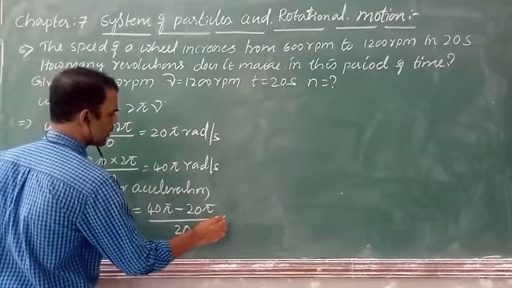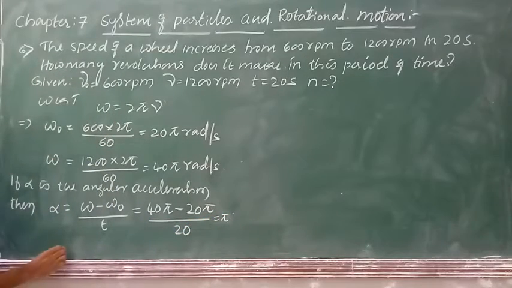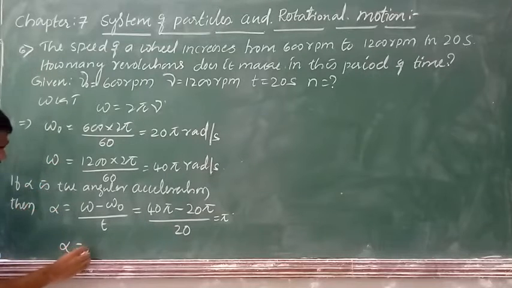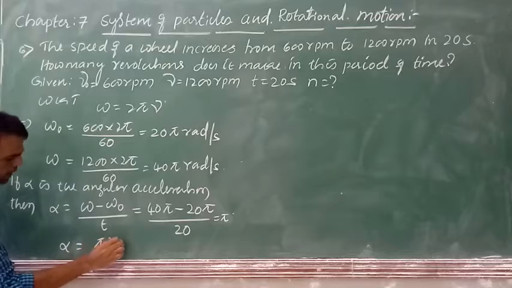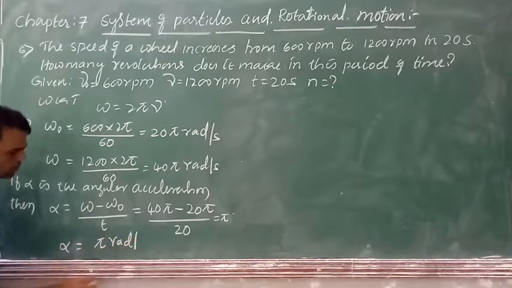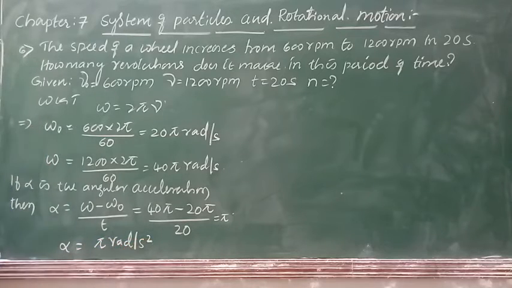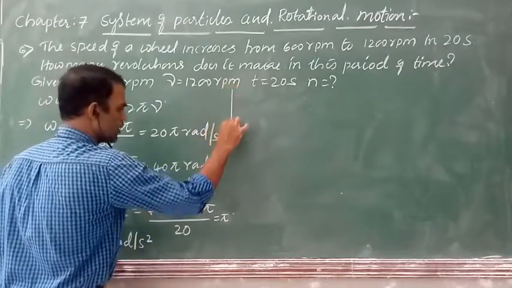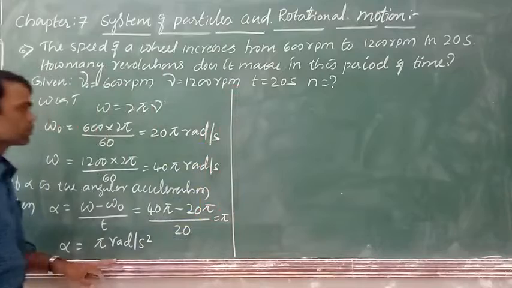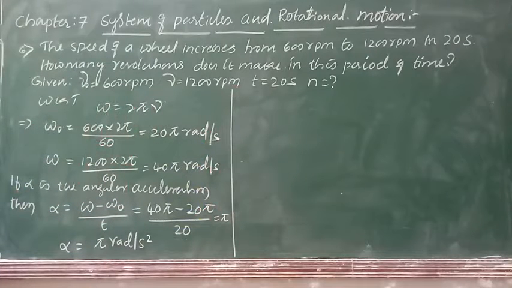So we will get pi in this case, which means alpha, the angular acceleration of the wheel, is pi rad per second square. So we got the angular acceleration of the wheel in the time period of 20 seconds.